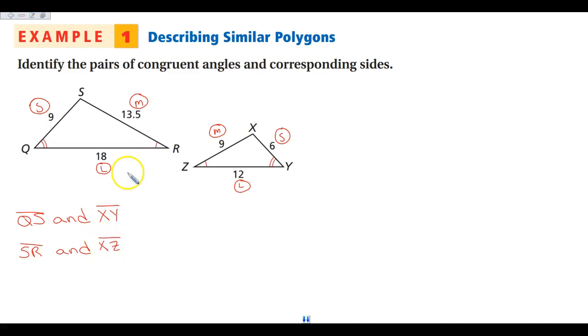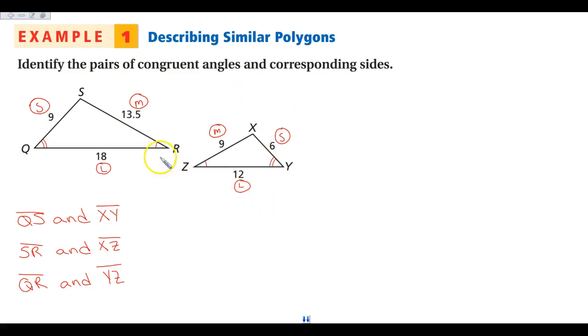And then I'm going to take a look at my longest sides, which in the first figure is QR, which is 18. So QR, and my longest side over here is YZ. So those are all of my corresponding sides by using their side lengths to help me match them up.